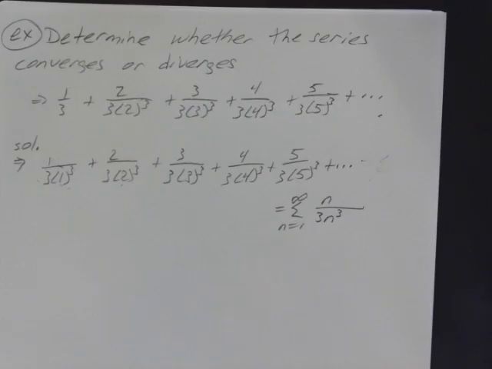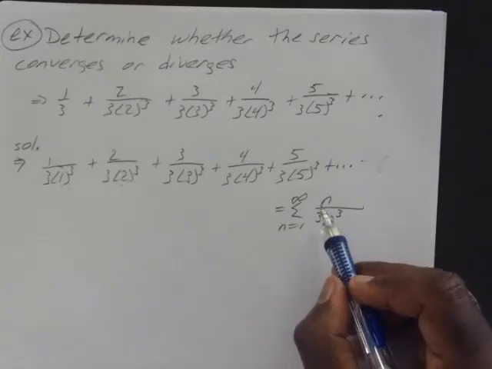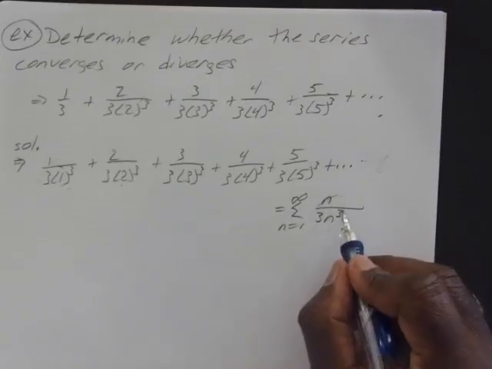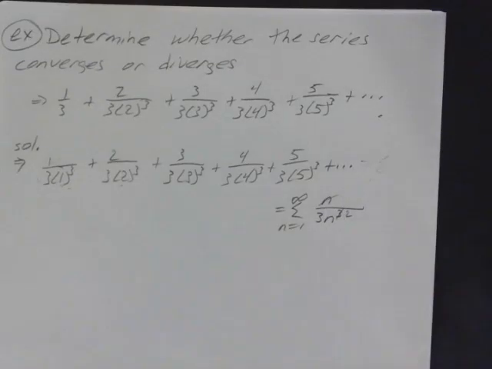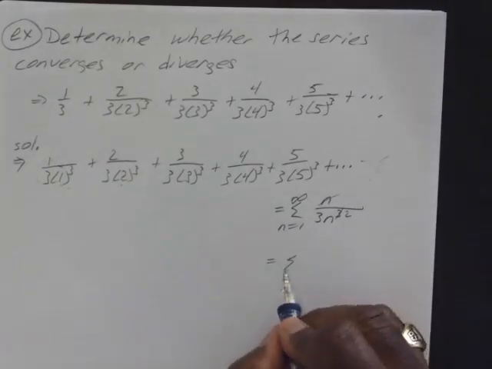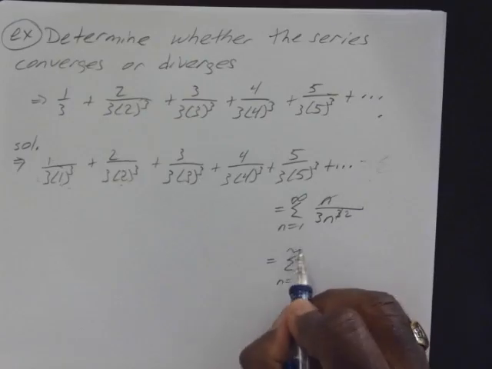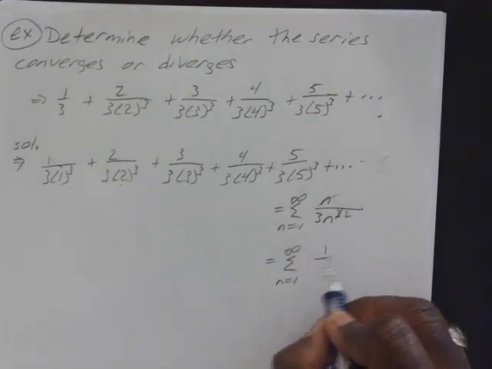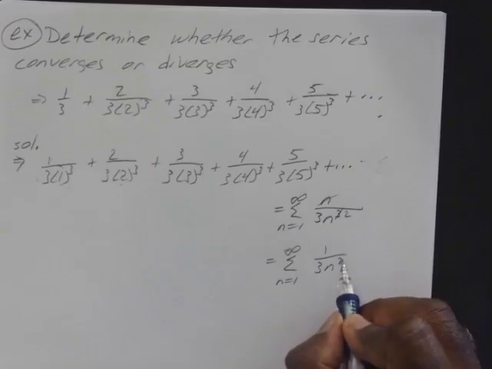Okay. But if we simplify this, n cancels out with one of these n's, so this just ends up being n squared. So that's the sum from n equals 1 to infinity of 1 divided by 3 times n squared.